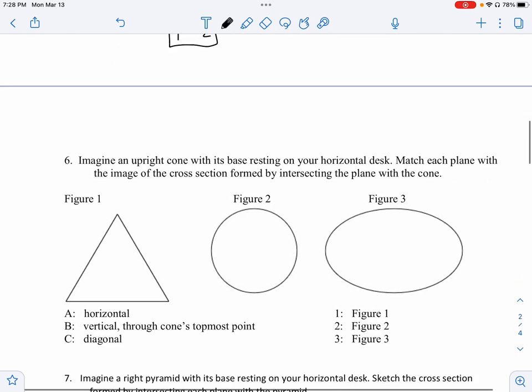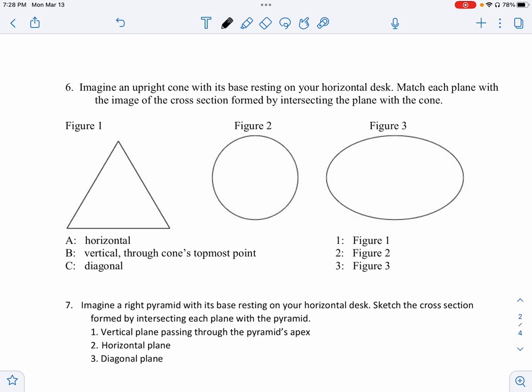Okay, question number 6. Imagine an upright cone with its base resting on your horizontal desk. If we have a cone like that, match each plane with the image of the cross section formed by intersecting the plane with the cone.